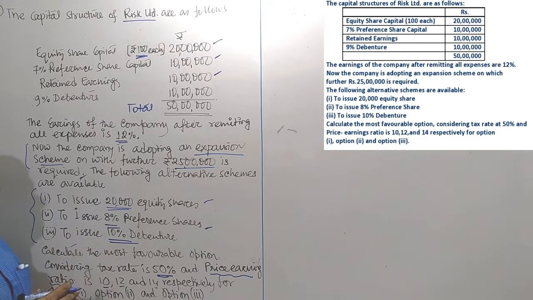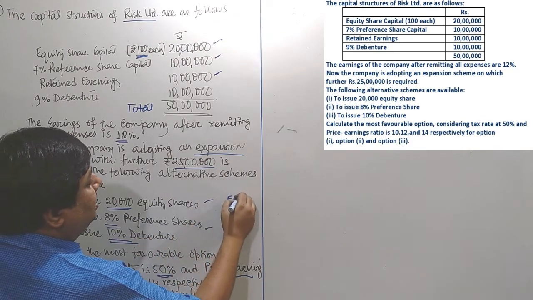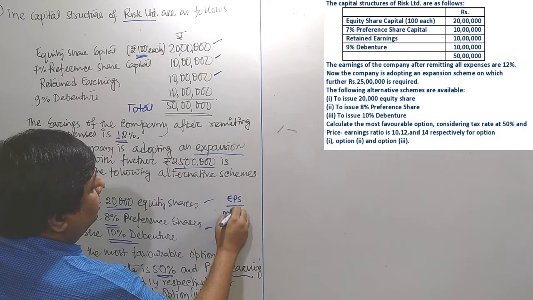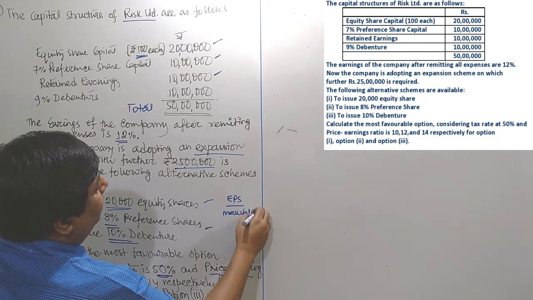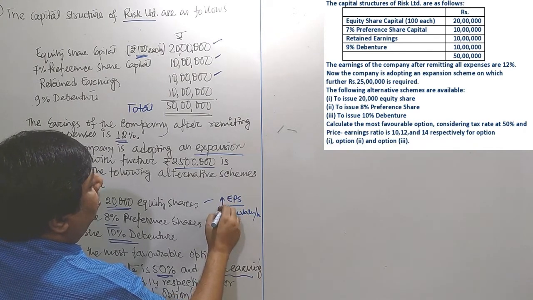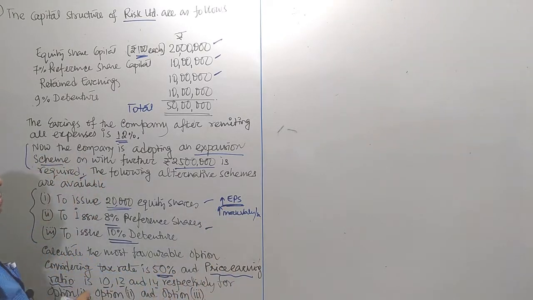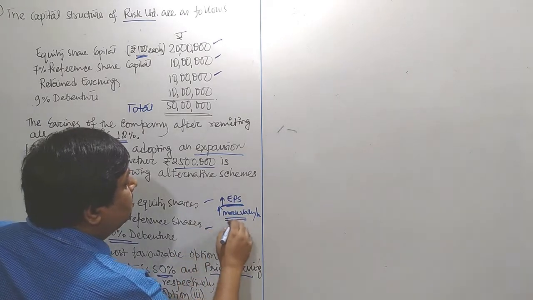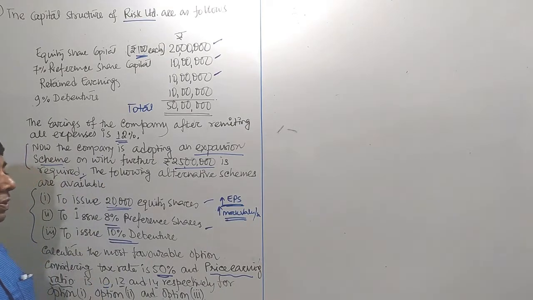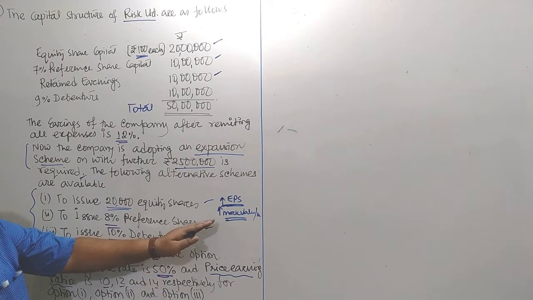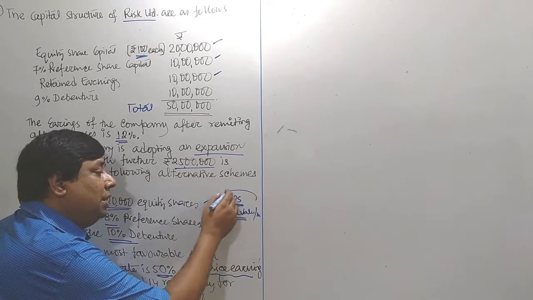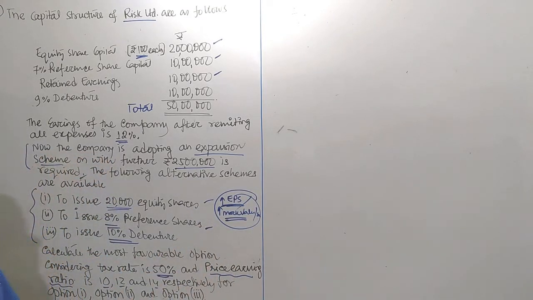In this kind of question, we can take decisions mostly based on either EPS, that is earning per share, or market value per share. If the scheme gives more EPS, you are going to adopt it, or sometimes the scheme which makes more market value per share, that kind of scheme also sometimes we adopt. Either or. Now let's start with the question.